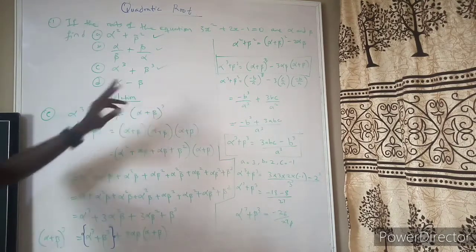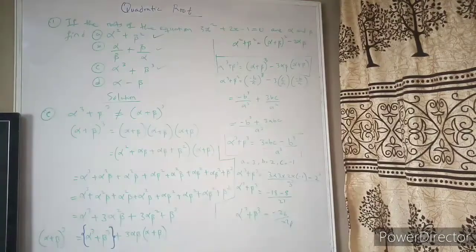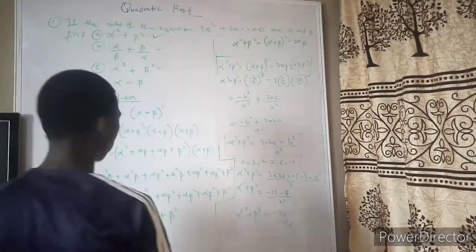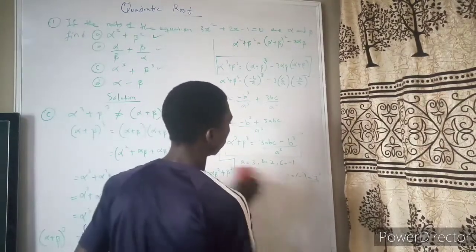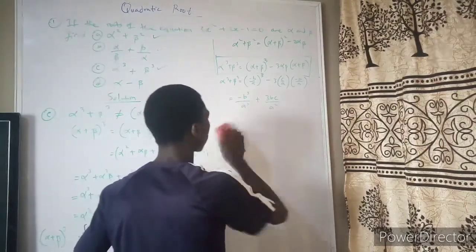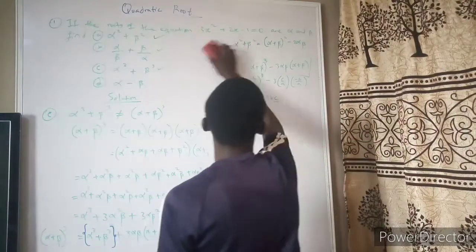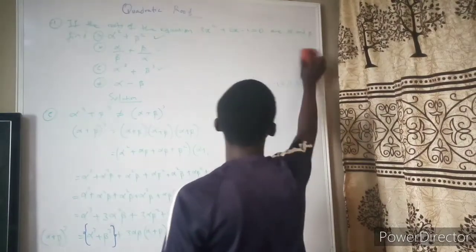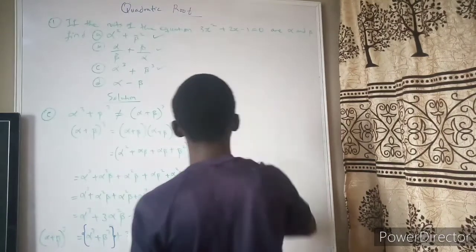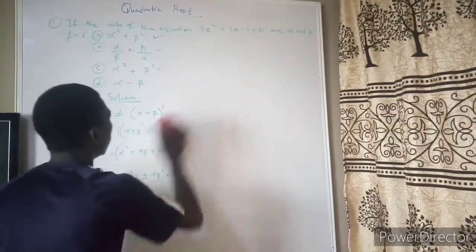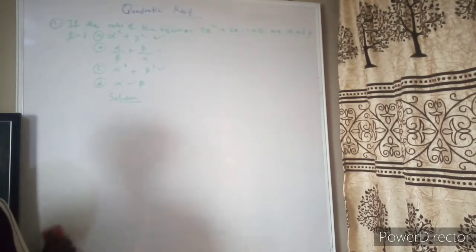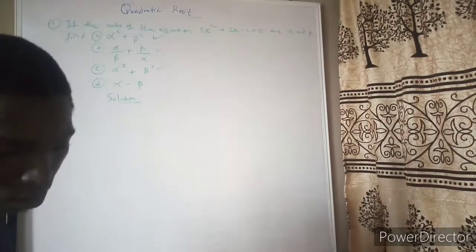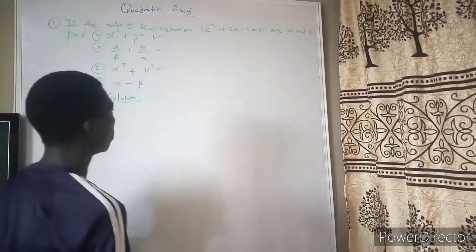But I'll be doing this, then after that we'll be rounding up for today's class. So that's that about the C. And lastly, for the D, we are told to find my alpha minus beta. We know alpha plus beta is equal to minus b over a.